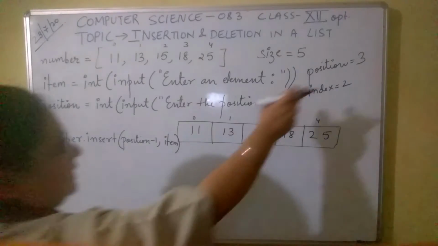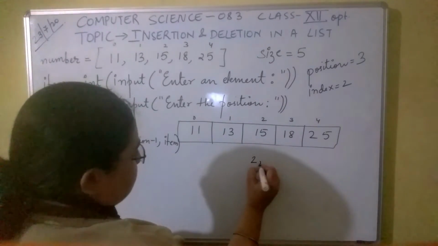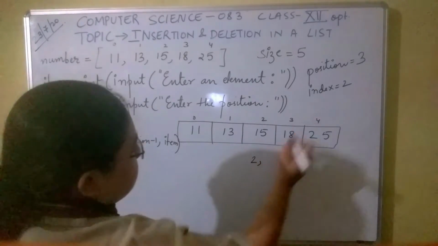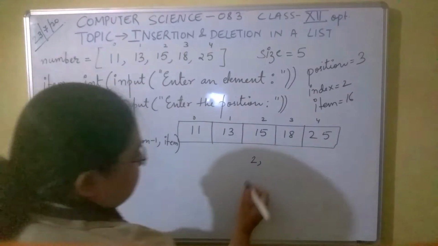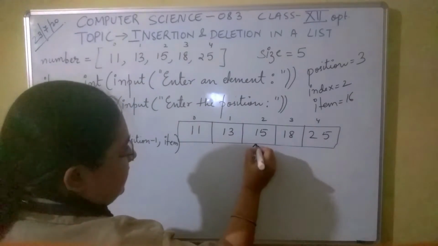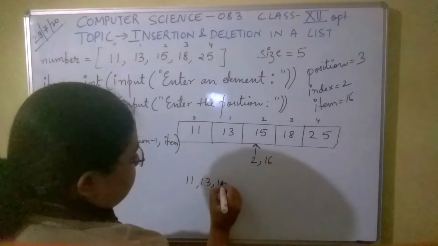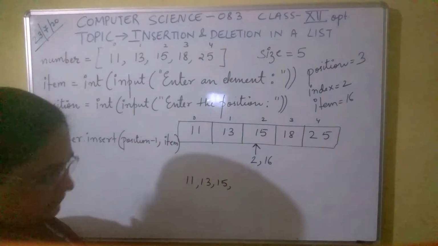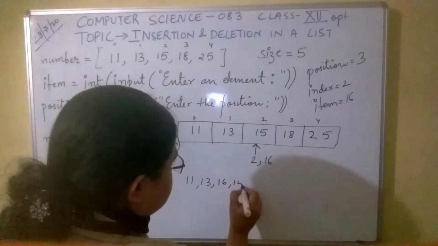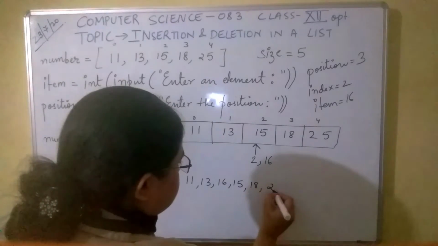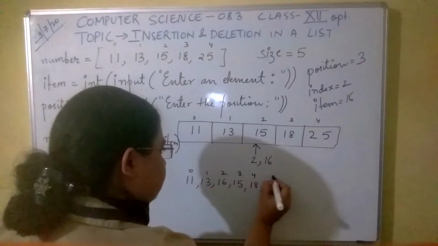What is position? It is 3. Position - 1 will be 2. So at index 2, what has to be inserted? Item. Suppose item is 16. So 16 will be inserted over here, and my list will be like this. We will be having the indices this way.